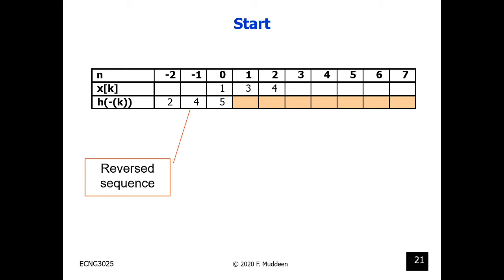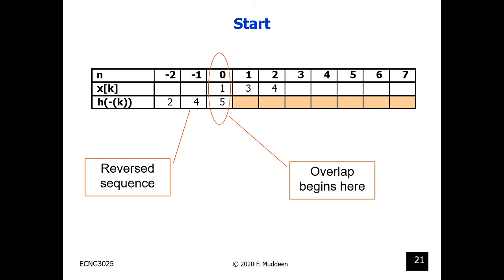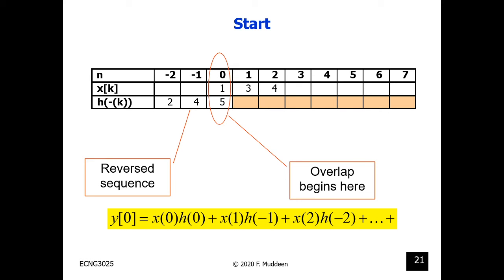We watch where the signal starts to overlap for each one of these outputs that we're trying to calculate. Because we have an overlap here in particular, this will be the first instance where you have y of 0. In this particular case, we have no overlaps for the -1 index and the -2 index here accordingly. So these values here for x of k don't exist, so they can just basically be 0.